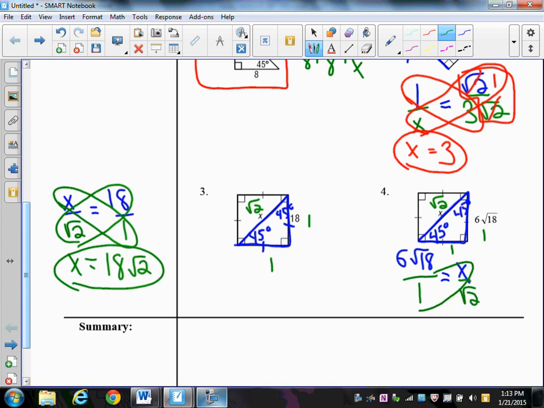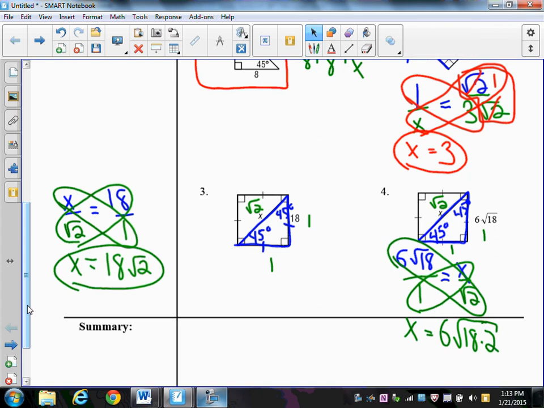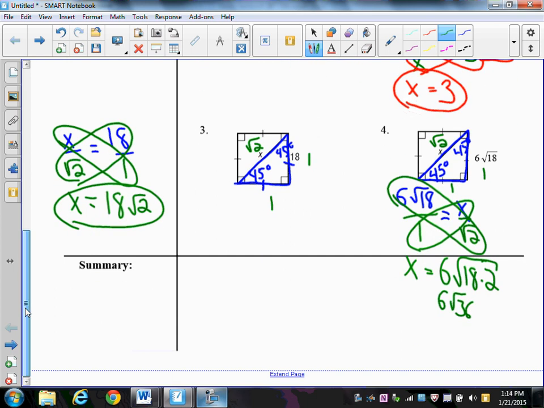This might throw you off a little bit. x is easy, and then I have 6 square root of 18. And then remember, I multiply 18 and 2. It's under the square root. It's pretty easy with a calculator. So it's 6 times the square root of 36. And hopefully you all know that the square root of 36 is 6. So x will be equal to 36.